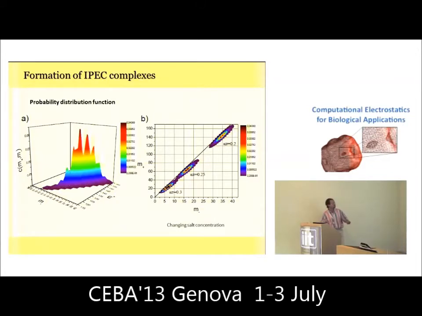They cannot be too charged because the contribution from the charges is too high. And if you change the salt concentration, this peak can move along this line. And it is discrete because the numbers M plus and M minus are discrete, so that's why you have these peaks.